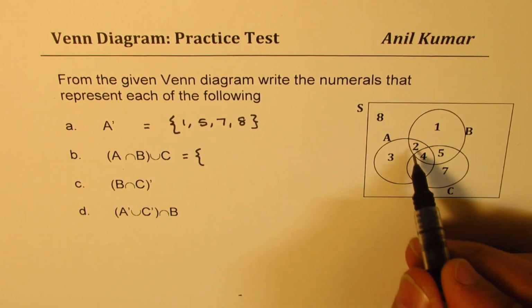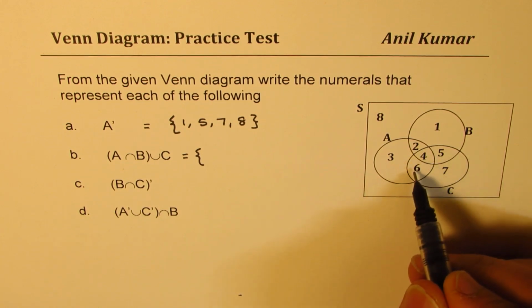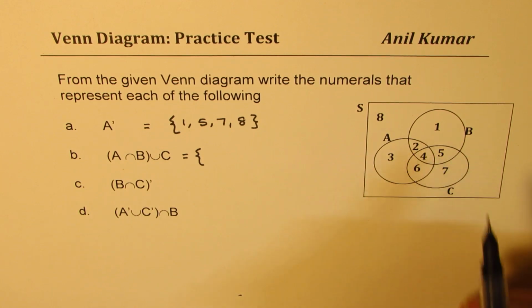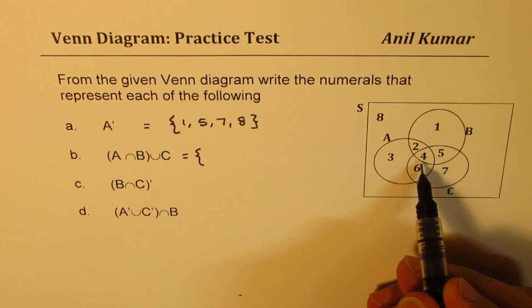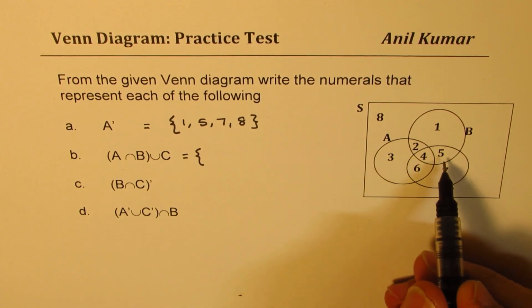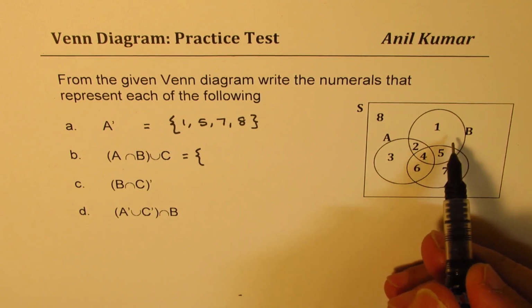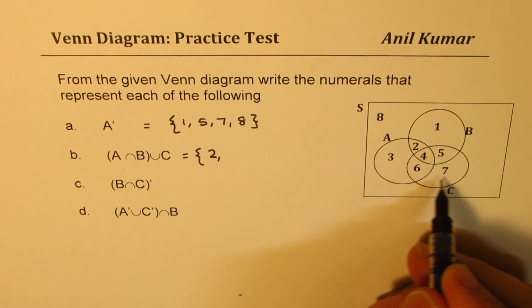So when we combine 2, 4, which is intersection of A and B, with C, we actually get all C and this 2, right? That is what we get. So let's write down the elements. 4, 5, 6, 7 of C and 2, which is from intersection of A and B. So it'll be 2, 4, 5, 6, 7.